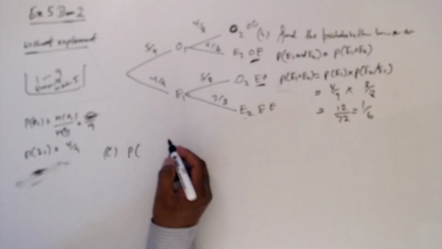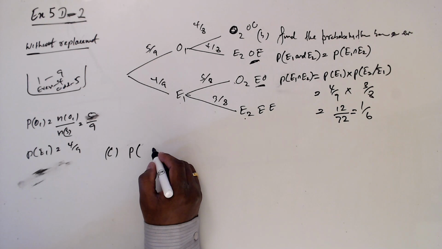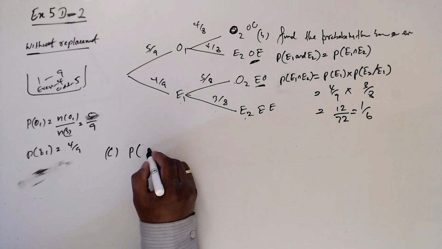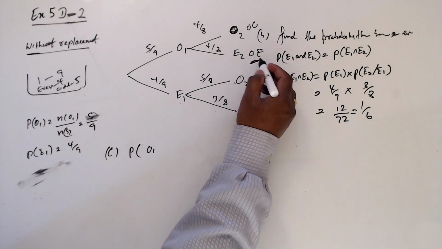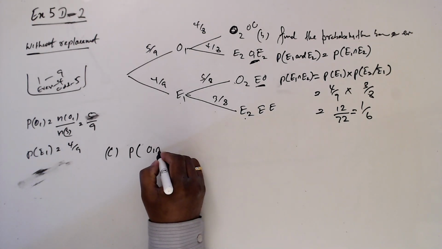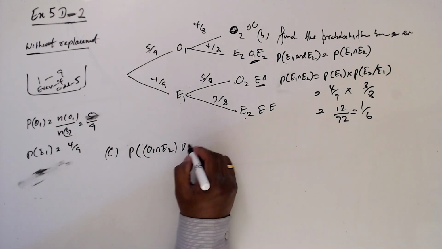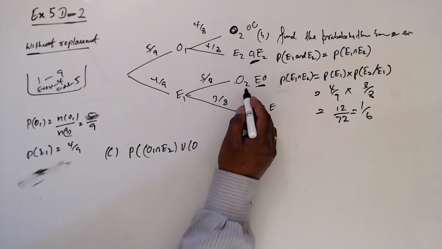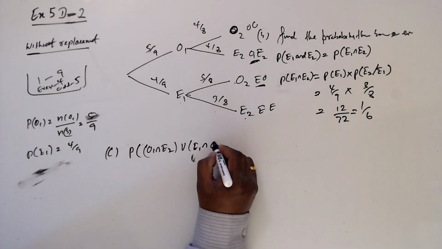Probability of O1 intersection E2, union, the other one is this one, E1 intersection O2.